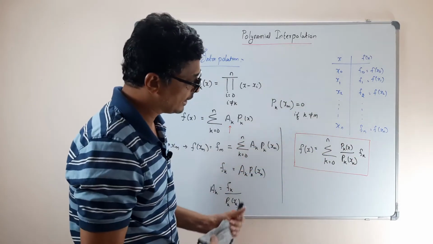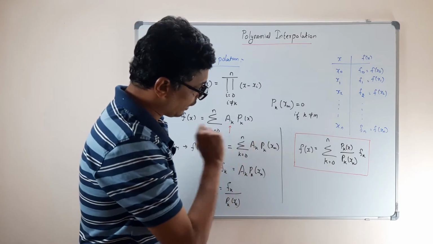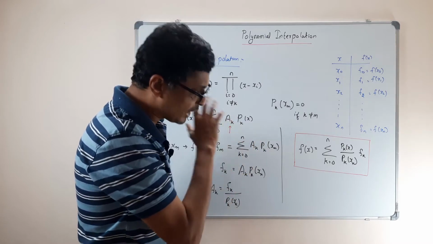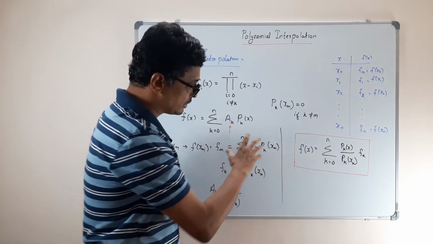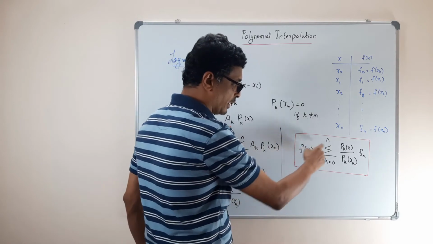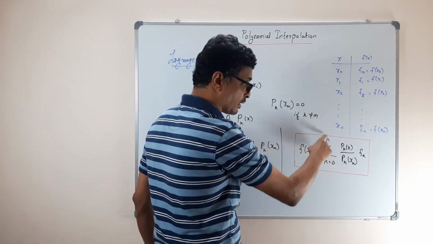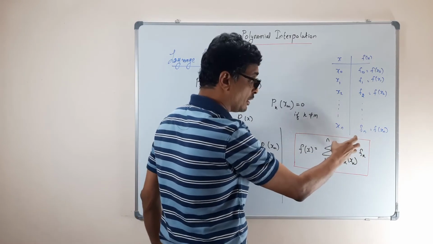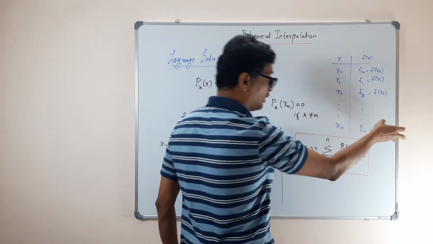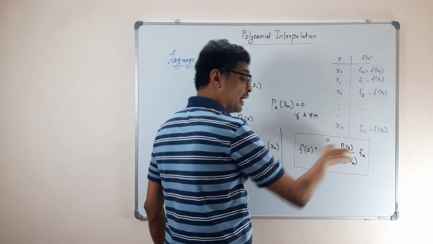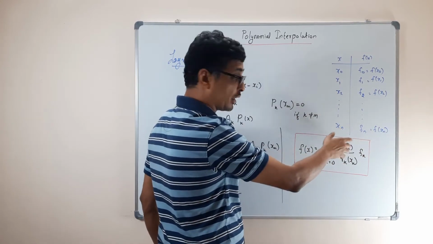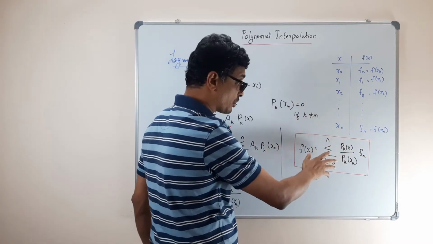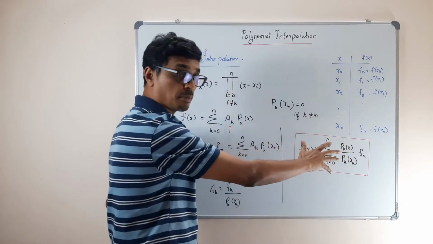So if you carefully see, this algorithm is not actually a very good algorithm. The reason is, the interpolating polynomial is a summation of n terms, and each term will have a product of n terms divided by a product of n terms. So you can see the number of arithmetic operations is enormous in this Lagrange interpolation.